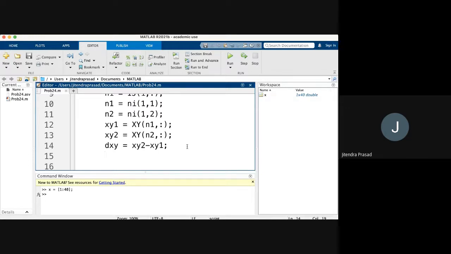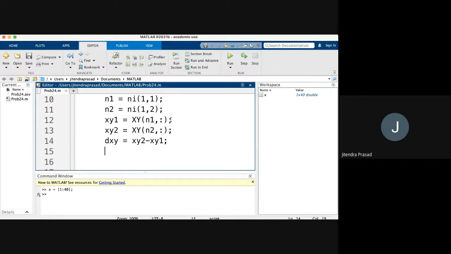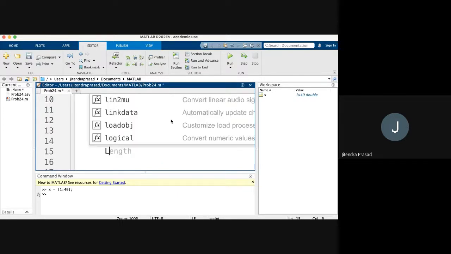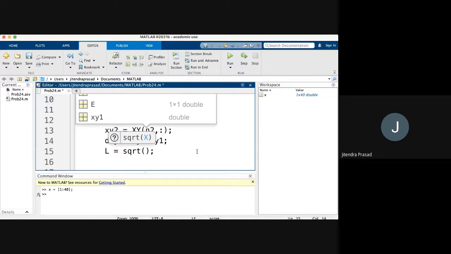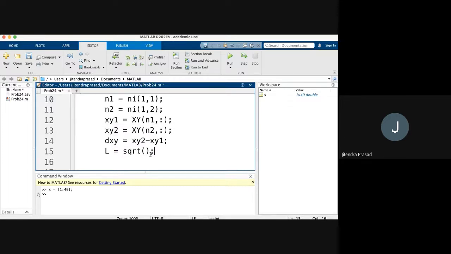And then finally we have to find out the length L. L is equal to the square root. There is a better or fancier way of writing that also. You can do a dot product and all, which MATLAB is very good at.